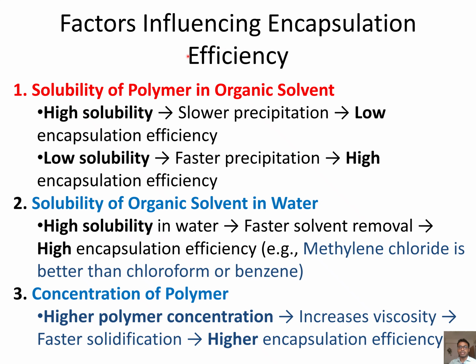All of them should be optimized. Your pH is another factor. A lot of factors are behind this encapsulation efficiency, and if you can optimize all of them, then your encapsulation would be very efficient. So to have a better understanding, I have provided the proportional ones as the blue one and the inversely proportional ones as the red one.